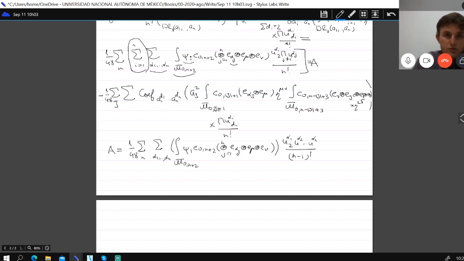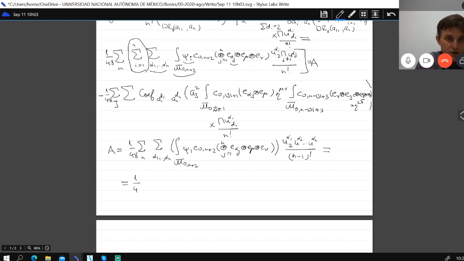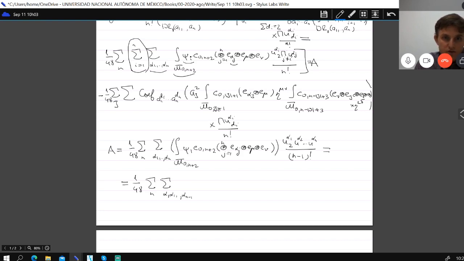I can write it like this: we sum over all n and over all alpha, I just rename these alphas. Here we have M_{0,n+2}, psi_1, c_0 n plus 2, e_alpha, e_{alpha_1}, ..., e_{alpha_{n-1}}.